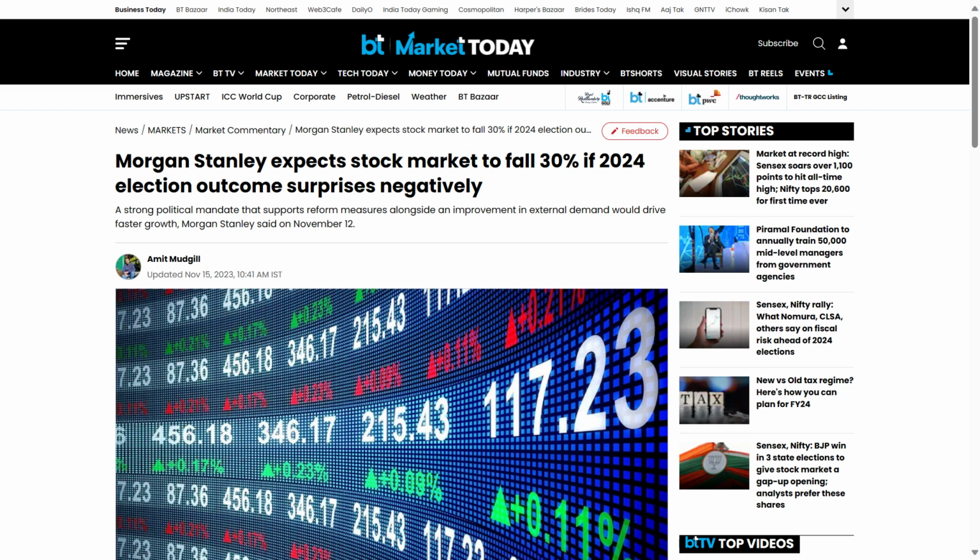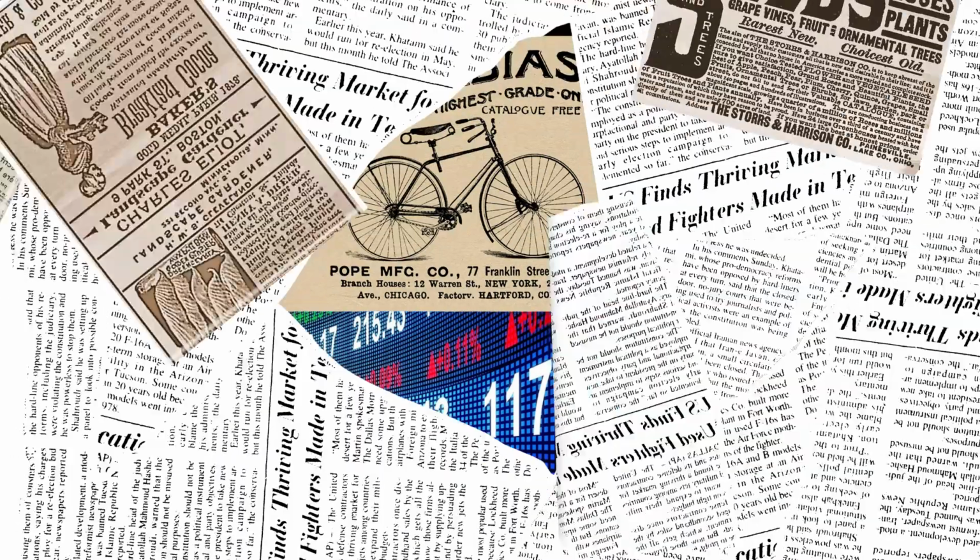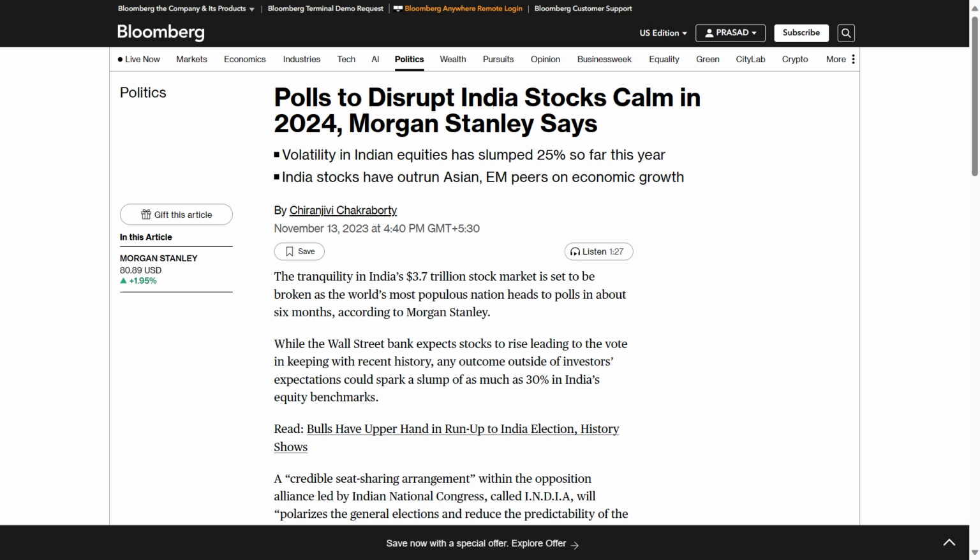Negative means that a coalition government has been formed where there is no understanding as to who is in power, and overall there is a fear that the government will fall at any time. This report was published a lot all over the world, and that is why many investors become very cautious before the election, especially about a country like India.